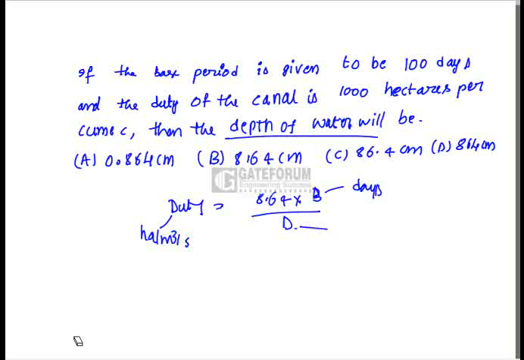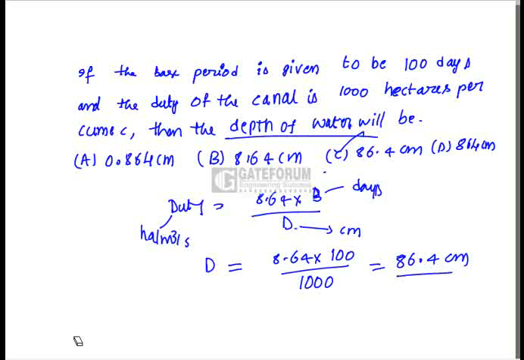Then the depth of water will come in meters. So depth of water is equal to 8.64 into 100 days by 1000 hectare per cubic meter per second. It will directly relate to 86.4 centimeter. Option C is correct.